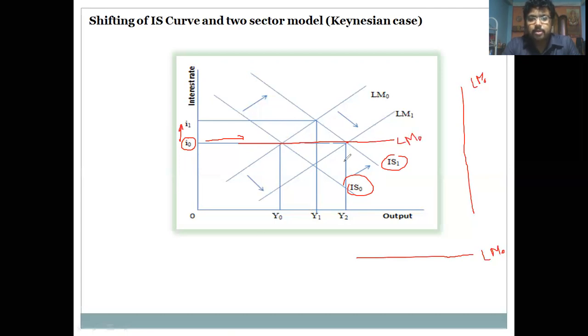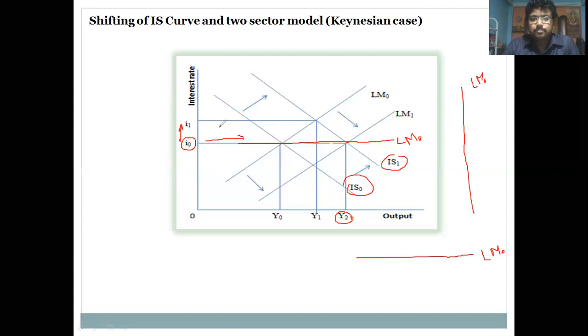Now we have the new real output, that is Y2. So what we have learned from here is that the sensitivity of the money demand to the interest rate has an effect on the interest rate.